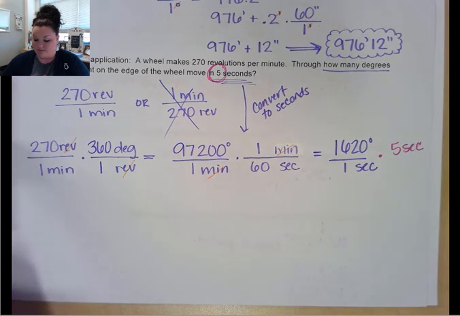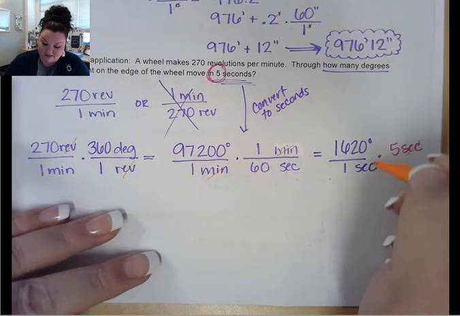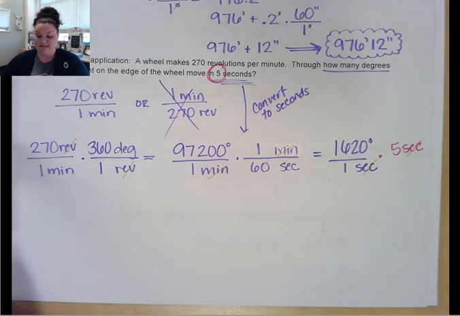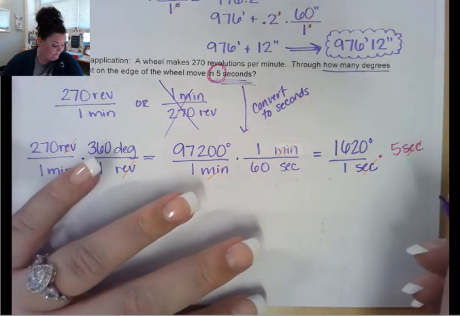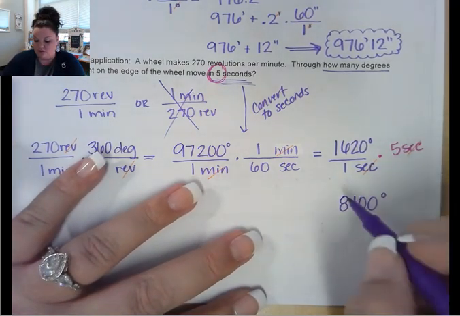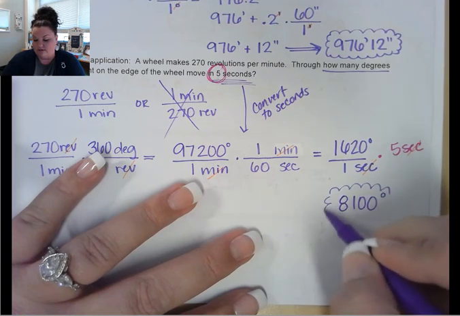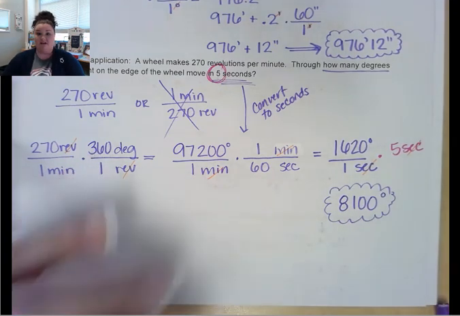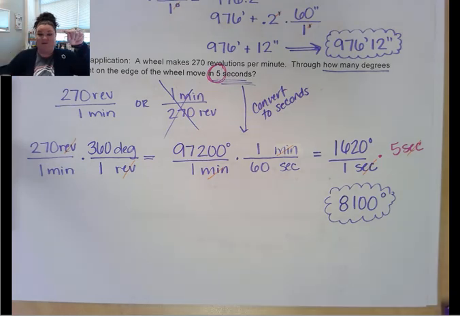When we multiply by 5 seconds, our seconds cancel. 1,620 times 5 gives us 8,100 degrees. That is a lot of degrees. So on this wheel that's going around, if we pick some point, it will have gone around an equivalent of 8,100 degrees in 5 seconds. Does that make sense?